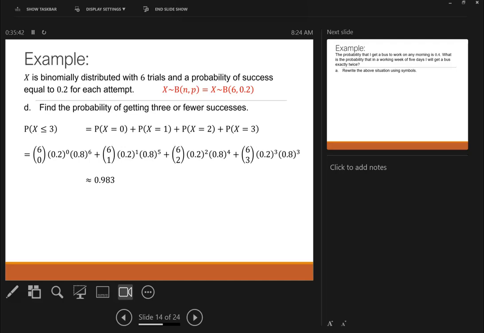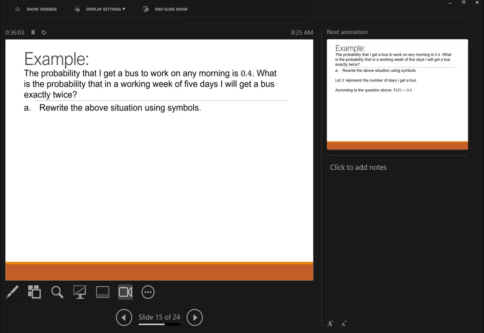I just push each one of those through the probability formula, and then grind that through my calculator, and there we go. Is everybody okay there? All right, let's do another example.